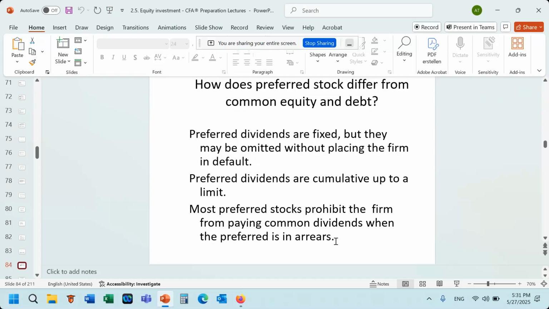So these are consequences that make preferred stocks more like debt, even though the firm is not in default if it doesn't pay dividends to preferred stocks, but it has all kinds of incentive to pay it, and most firms pay the dividend on preferred stocks, and therefore these dividends start looking a lot like interest on debt.